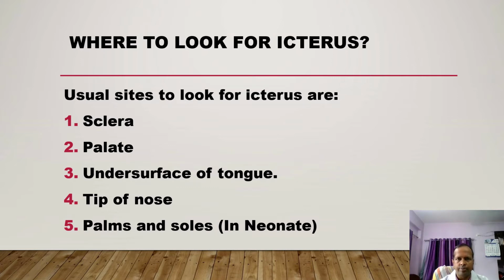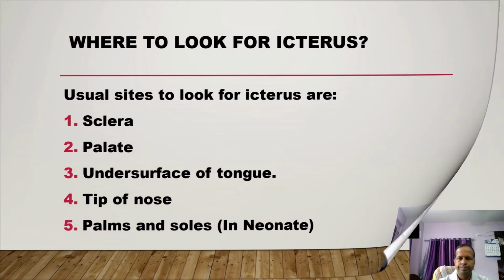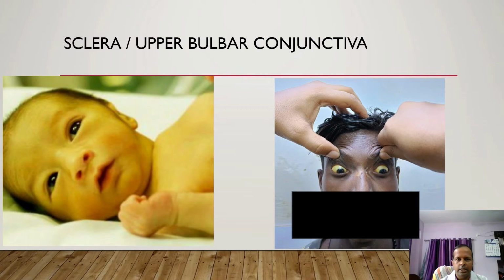For under surface of tongue, ask the patient to fold the tongue backward and you can see the under surface. Then tip of the nose, especially in children, is visible, and palms and soles again for neonates you can see with your eyes.